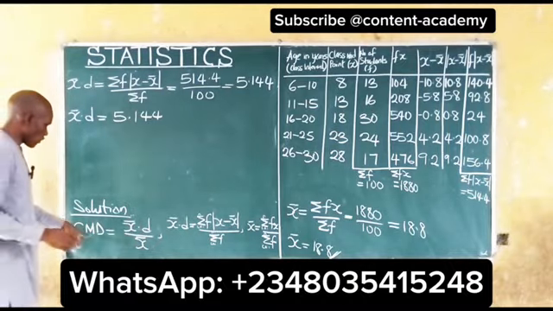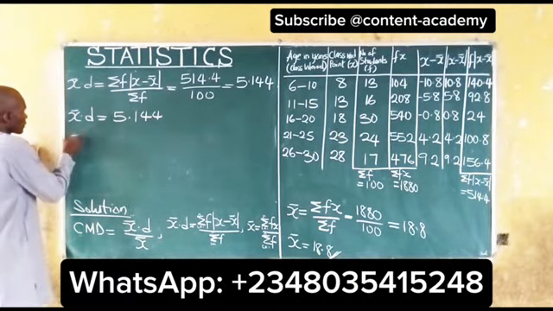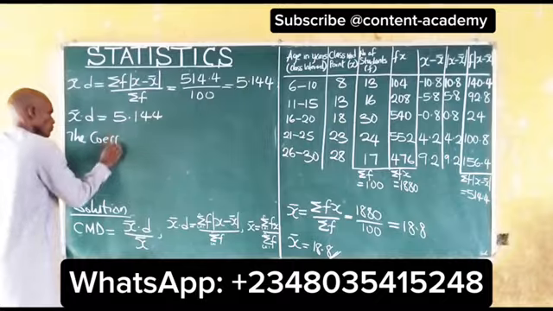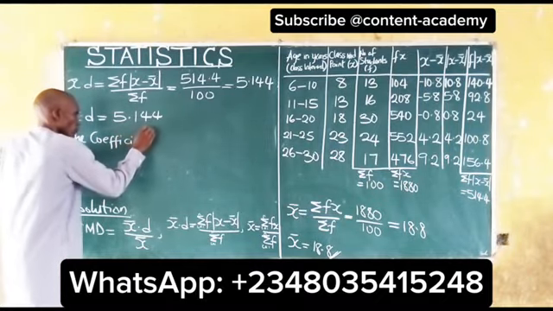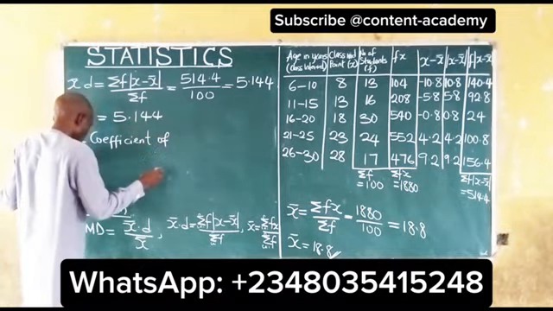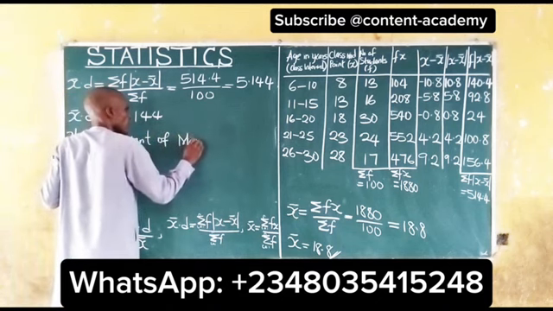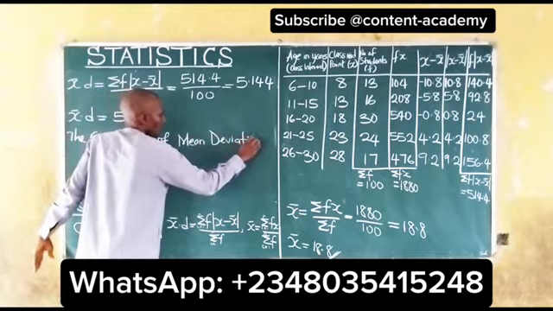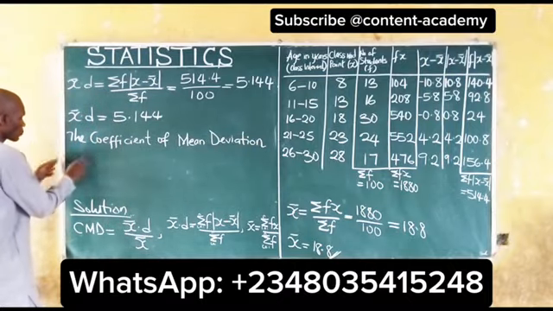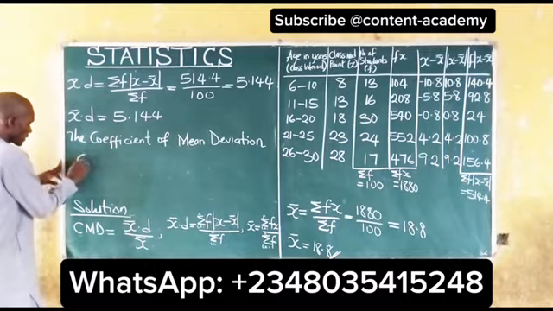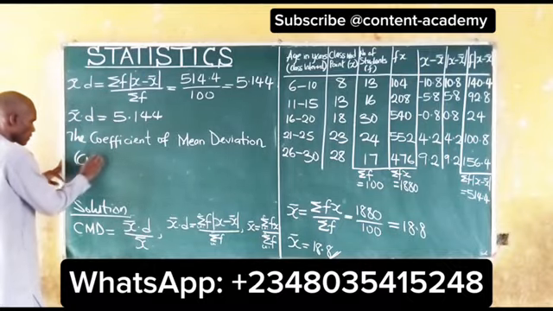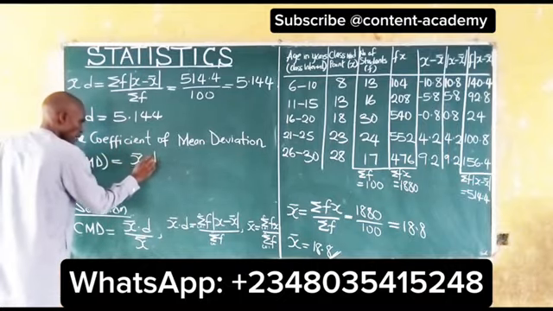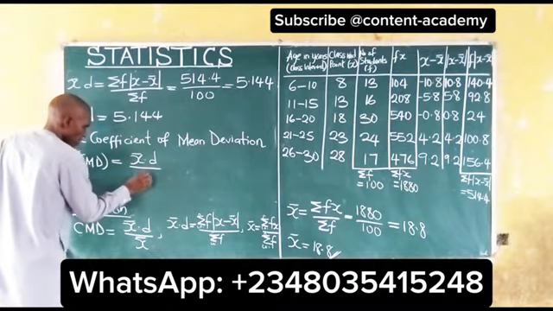The coefficient of mean deviation, that is CMD, is equal to x bar multiplied by the deviation all over x bar.